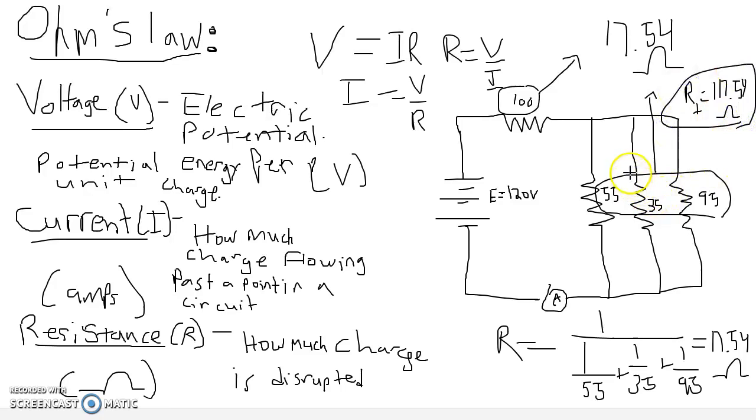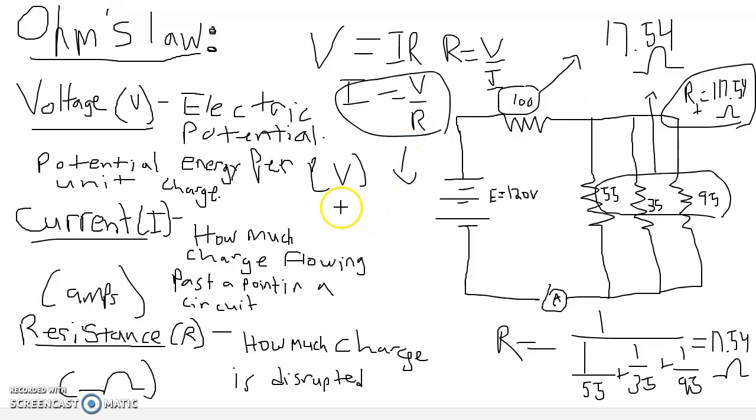Alright, after figuring that out, we can now use the formula I equals V over R to determine the current in this circuit.